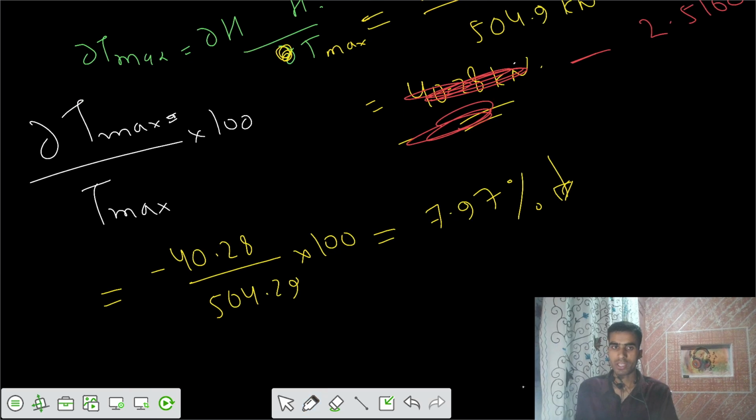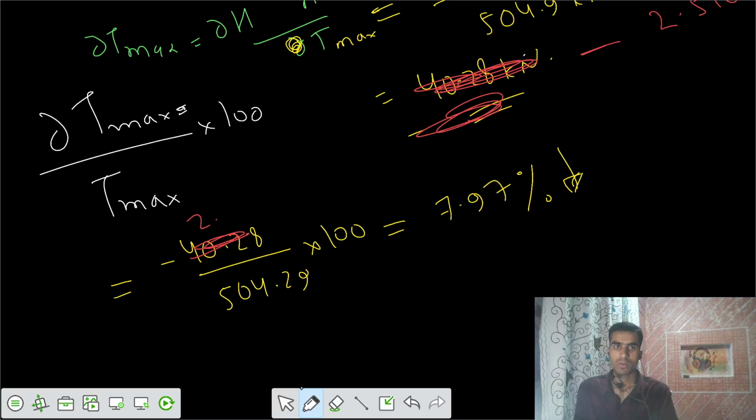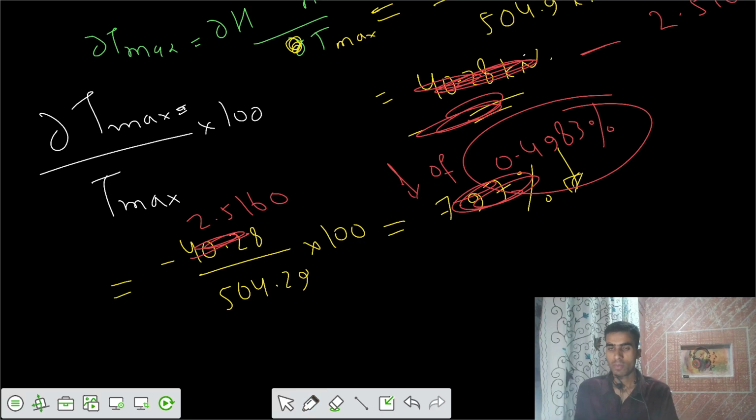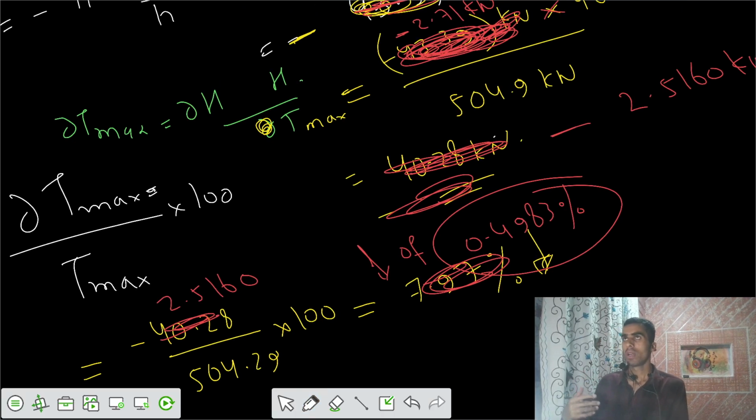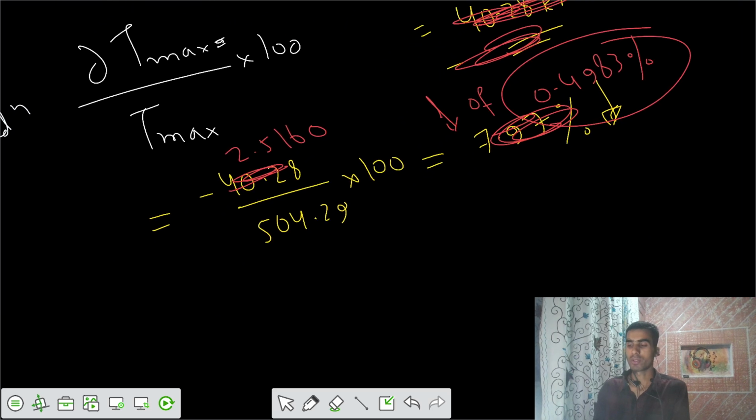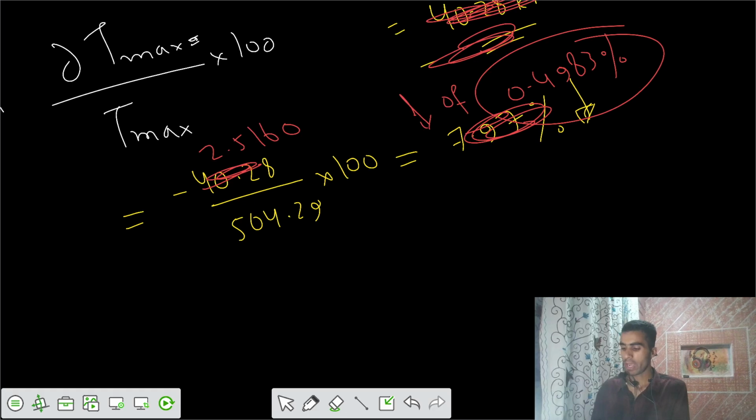Now what's the percentage reduction? 2.5160 divided by the initial value of 504.29 gives a percentage decrease of 0.4983 percent. So we can say that because of elastic stretch there is more change in cable length, and more change in tension, so based on that your tension Tmax also gets reduced. Now one of the final problems we have, then we can have the blank page.